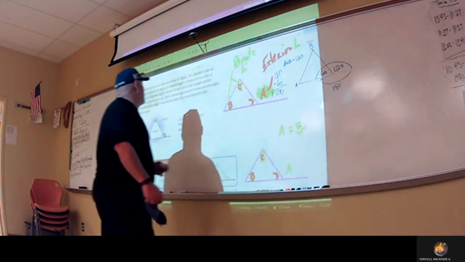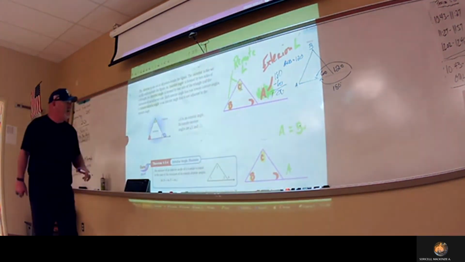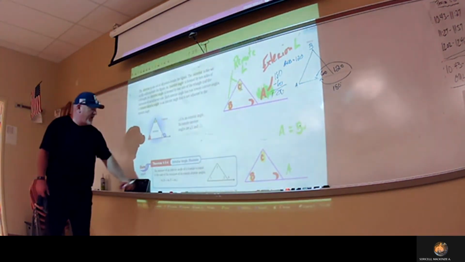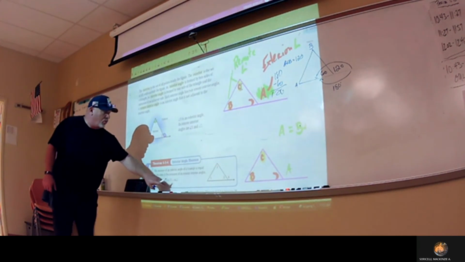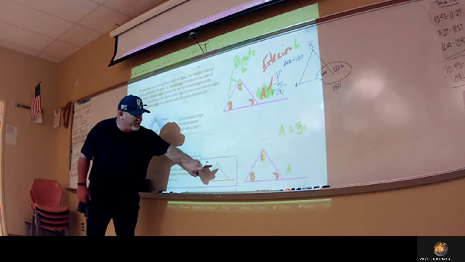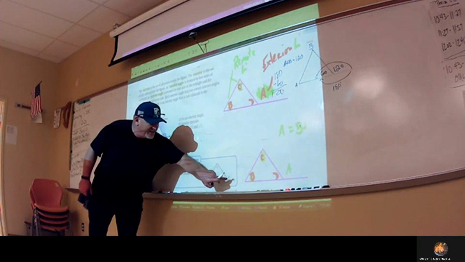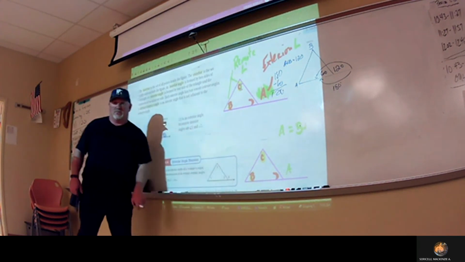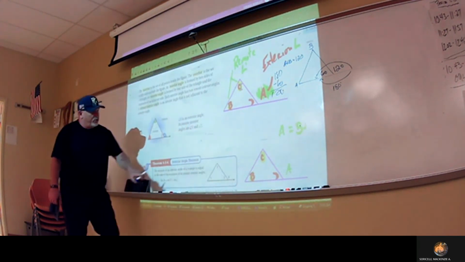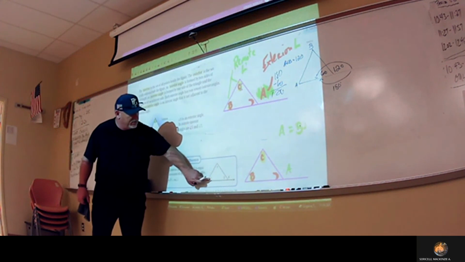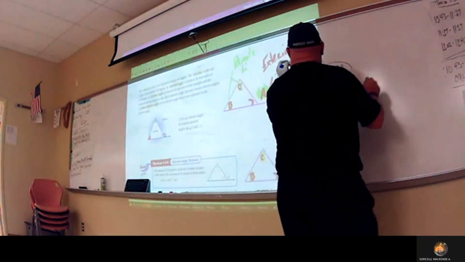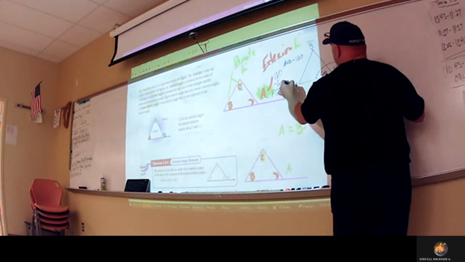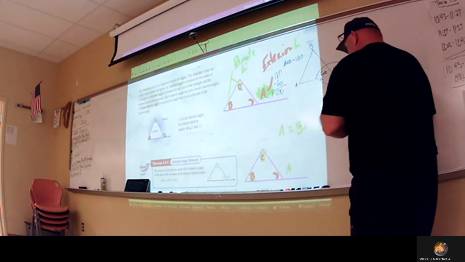So the exterior angle theorem says that the measurement of angle 1 plus the measurement of angle 2 equals the exterior angle. The remote angles, these angles right here, A and B, let me do this in red.